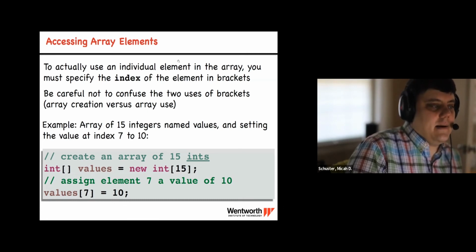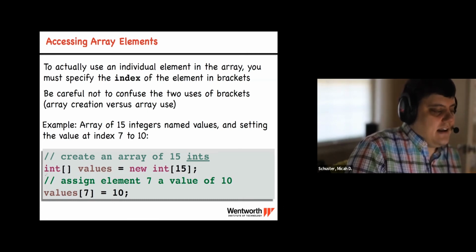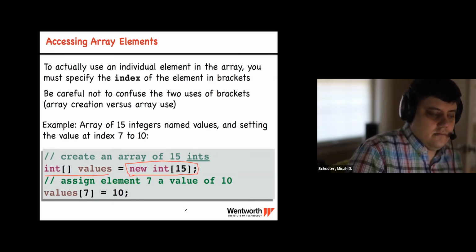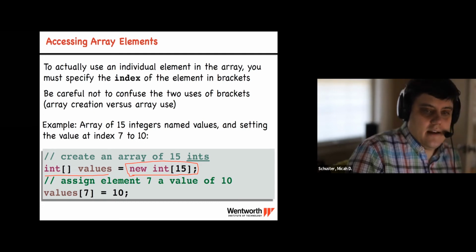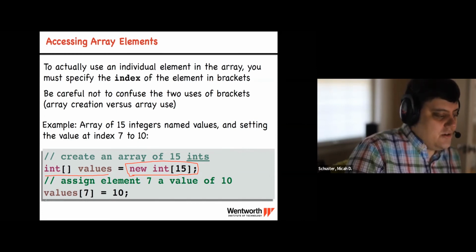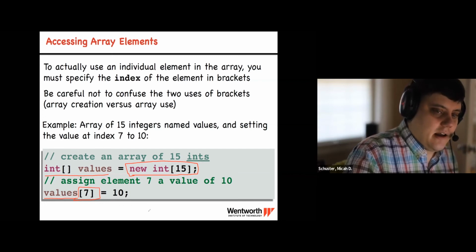As an example, let's say I create an integer array called values, and it contains 15 integers. The usage of the brackets here, when I create an array, is used to tell me how many elements there are going to be, and that this is an array. When I use the name and then brackets, that tells me which element I want to access.